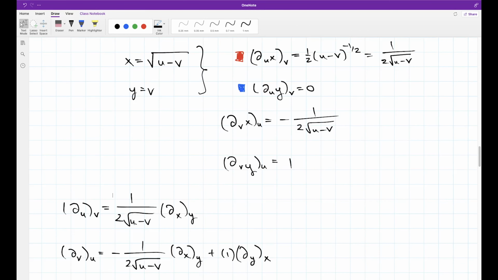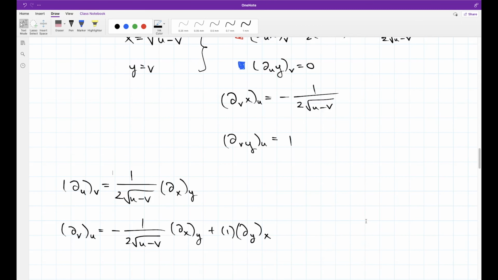So we'll have an x in the denominator here and an x in the denominator here as well. So this is also equal to 1 over 2x, partial x fixing y. And this is also equal to minus 1 over 2x, partial x fixing y, plus partial y fixing x.